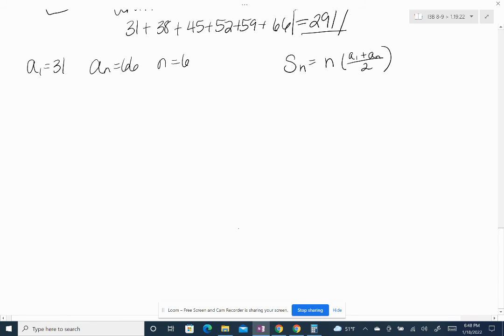So all this stuff I already know. So S of n is equal to 6 times (31 plus 66) divided by 2. So we're going to solve inside the parentheses. So inside the parentheses, we're going to add on top before we can do our division, because this will essentially be another little parentheses.